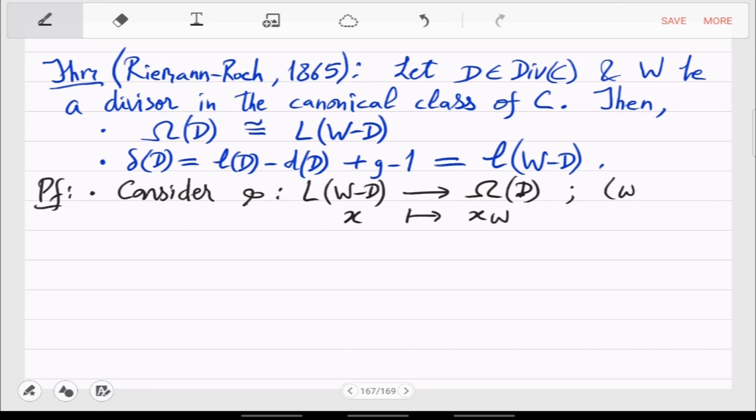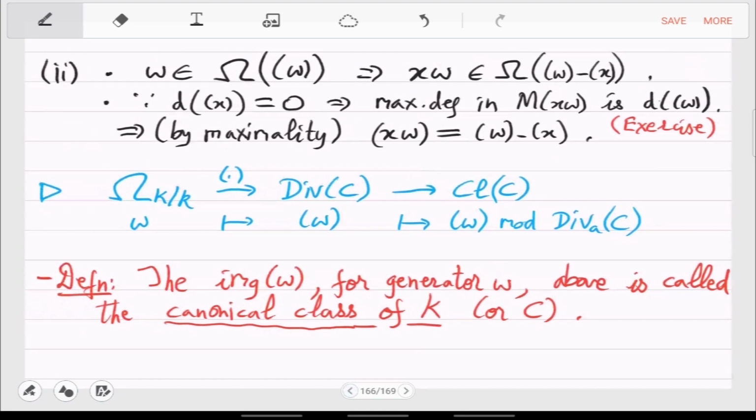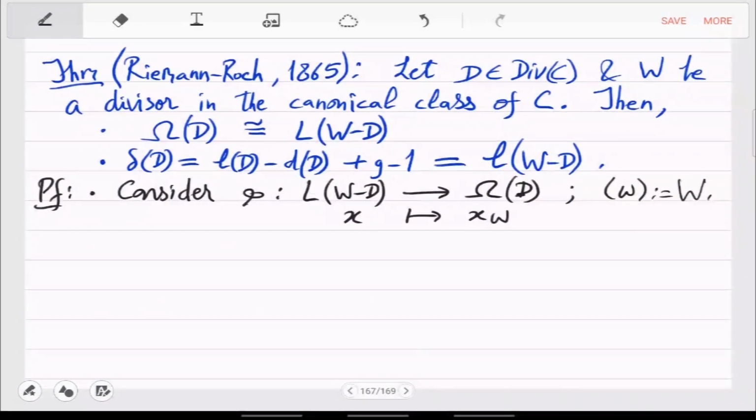Actually, I want to say omega is coming from the... W is the divisor, the canonical class is... yeah, omega is simply just the generator of big omega. That's all.